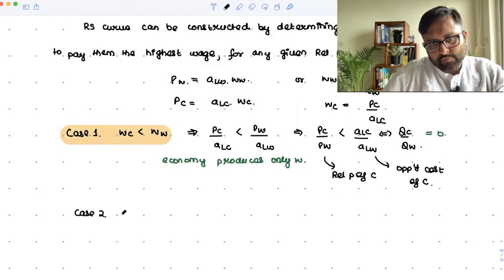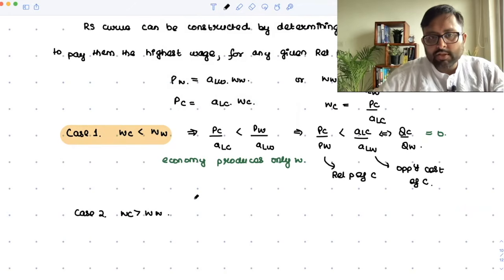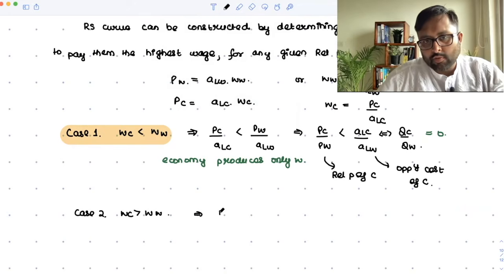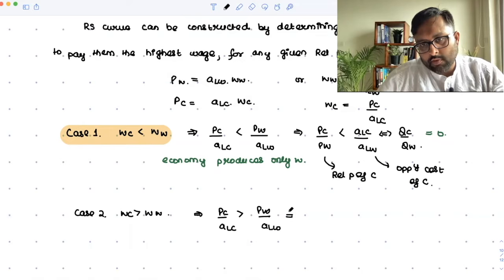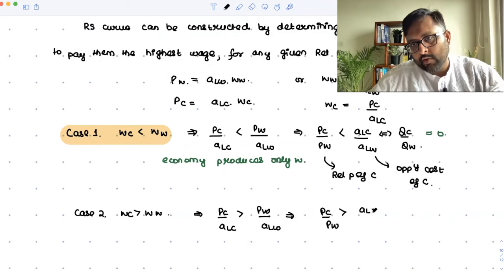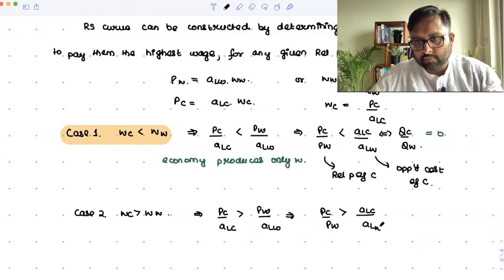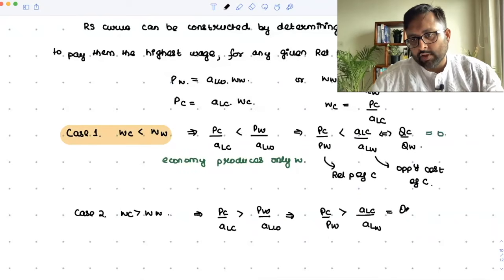Case 2. If WC is greater than WW, then PC by ALC is greater than PW by ALW. That would mean PC by PW is greater than ALC by ALW, which is equivalent to QC by QW. Now think about it.